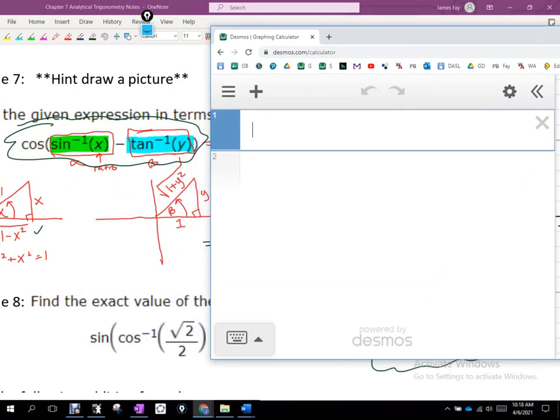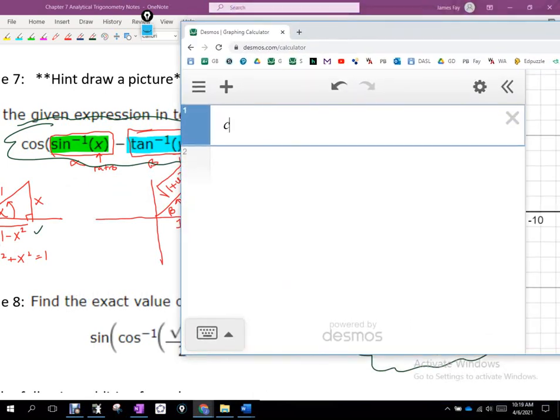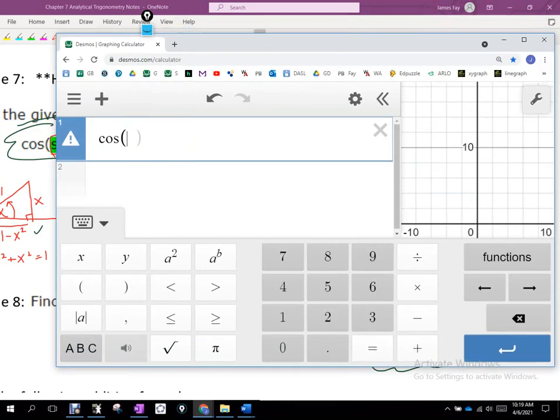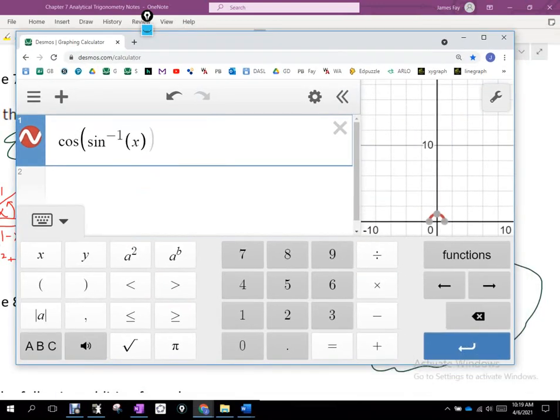If I'm going to do it in Desmos, it doesn't know function notation. So if I type in cosine of sine inverse of x minus tangent inverse of y, hit enter like that.